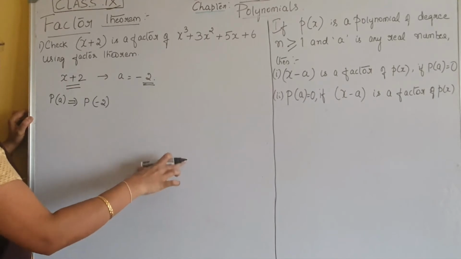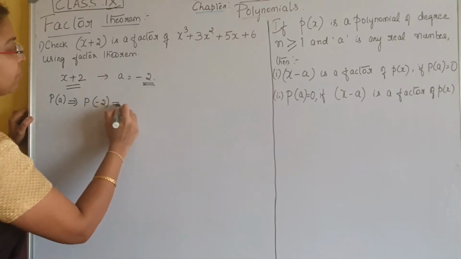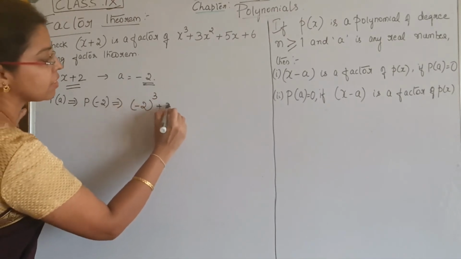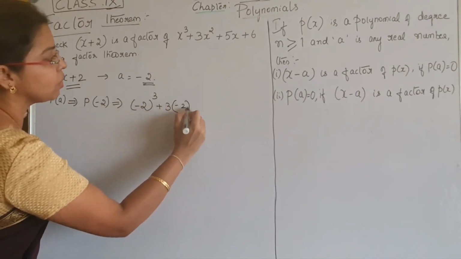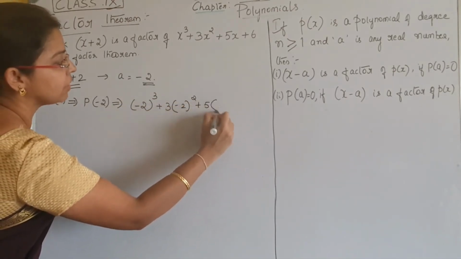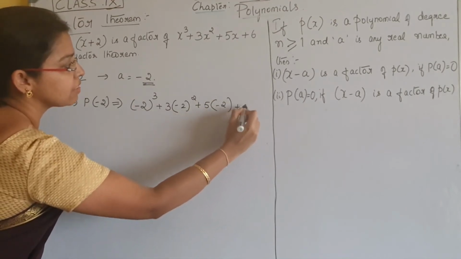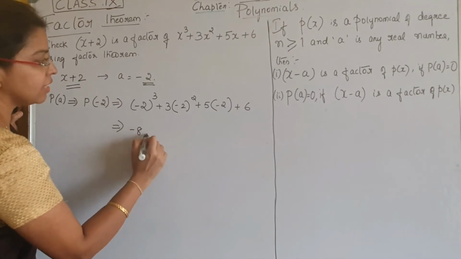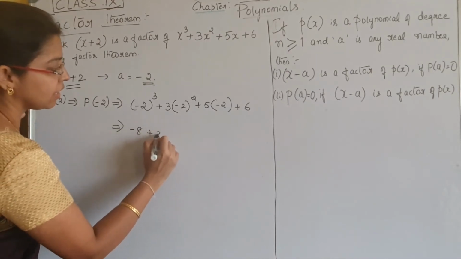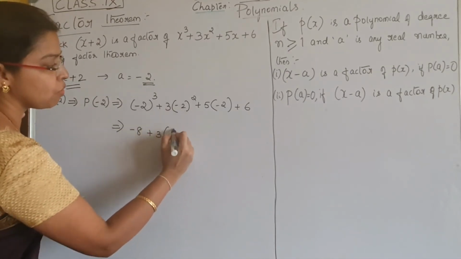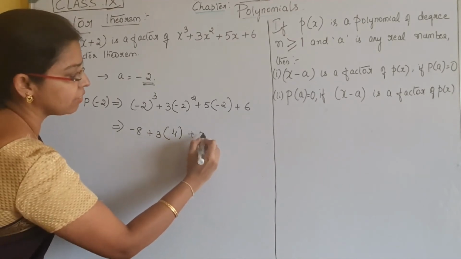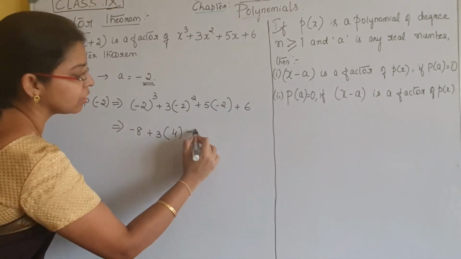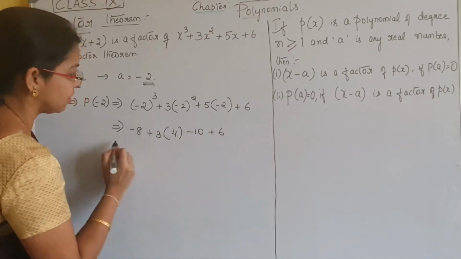So what is it going to be? That is minus 2 the whole cube plus 3 into minus 2 the whole square plus 5 into minus 2 plus 6. This will give you minus 8 plus 3 into 4 plus 5 into minus 2 is minus 10 plus 6.